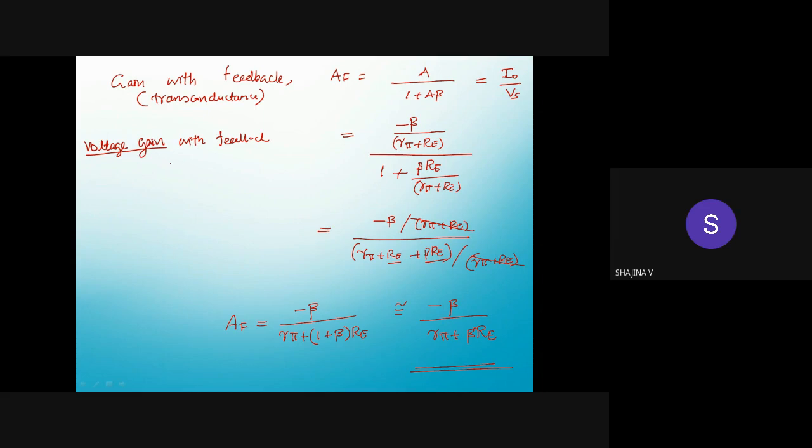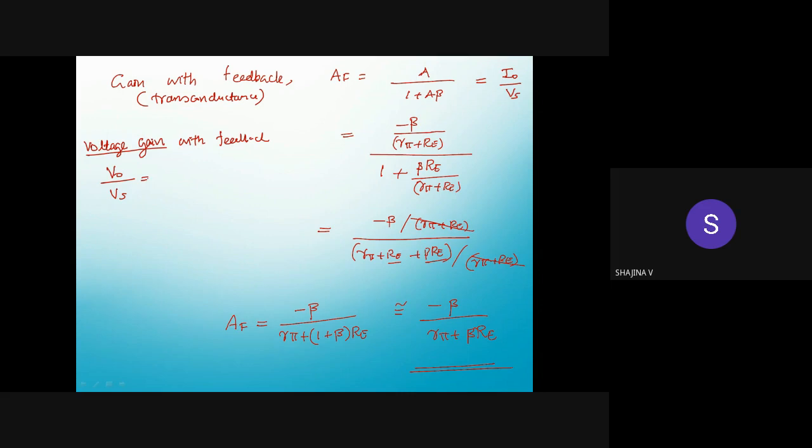If you want to find the voltage gain, since here we are taking amplifier output as current and input as voltage, so it is transconductance I naught divided by Vs. Then if you want to find voltage gain, you have to get V out divided by Vs, okay, with the feedback. Voltage gain means output voltage by input voltage. So if you are asked to find the voltage gain with feedback, here I can say output voltage.